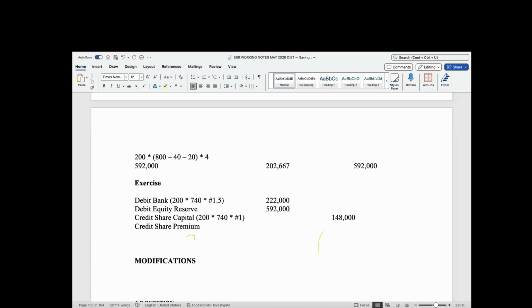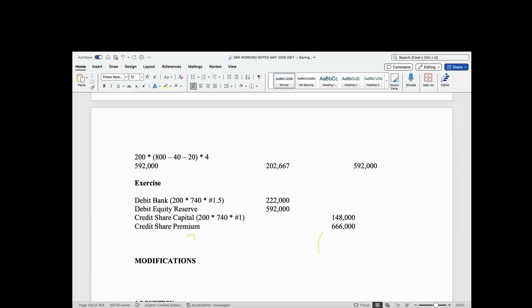So by the time you add these two and deduct this credit, you will get a balancing figure. Give it to me. 666,000.